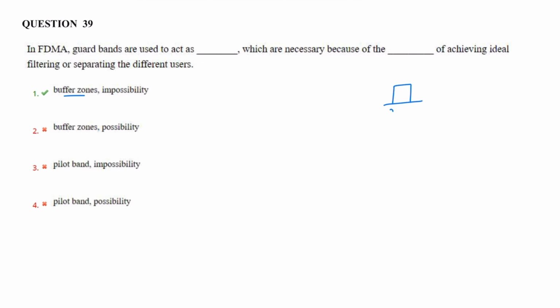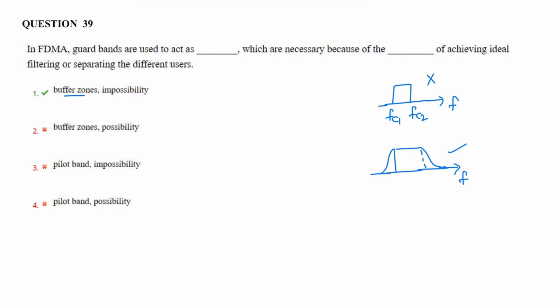This is a bandpass filter with cutoff frequency FC1 and cutoff frequency FC2. So this is an ideal filter. Practically, the filter characteristics will be like this. So this is a practical filter. So it is impossible to achieve the ideal filter characteristics. Practical filter characteristics will be like this.